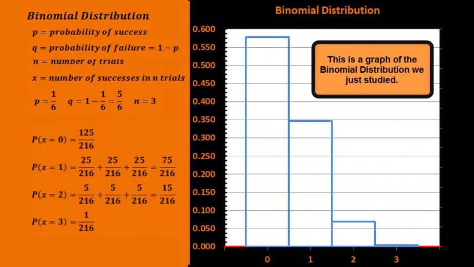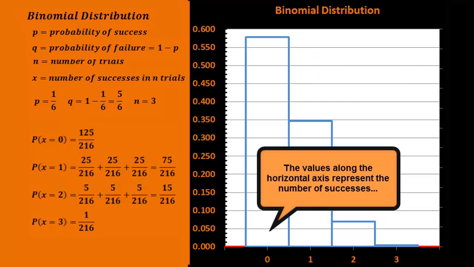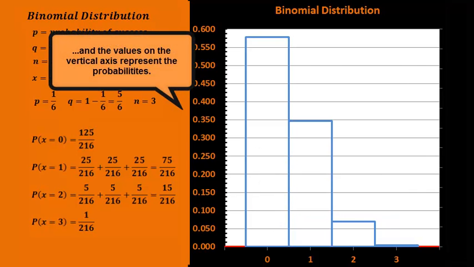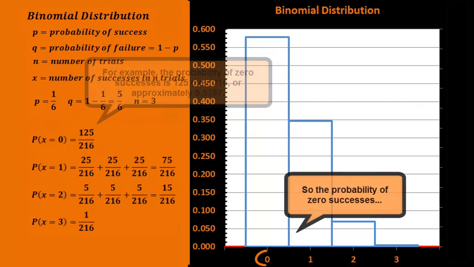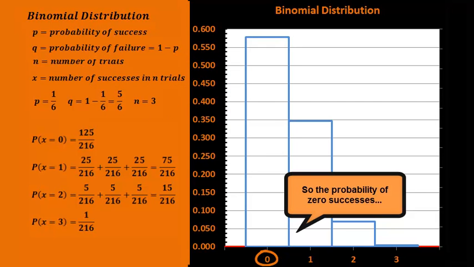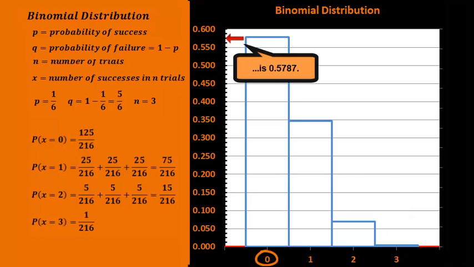This is a graph of the binomial distribution we just studied. The values along the horizontal axis represent the number of successes, and the values on the vertical axis represent the probabilities. For example, the probability of 0 successes is 125/216, or approximately 0.5787.